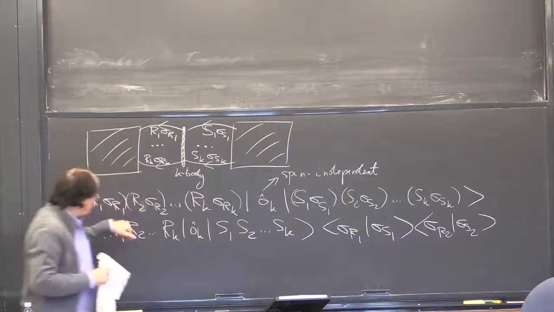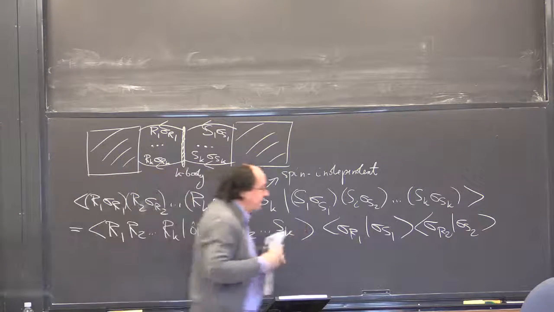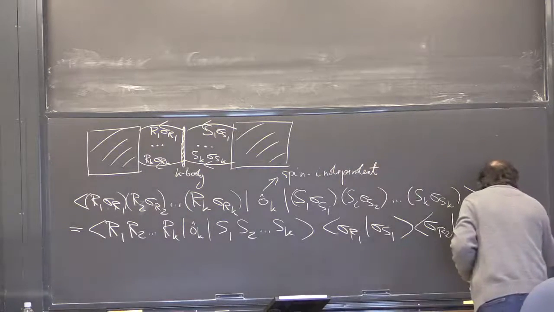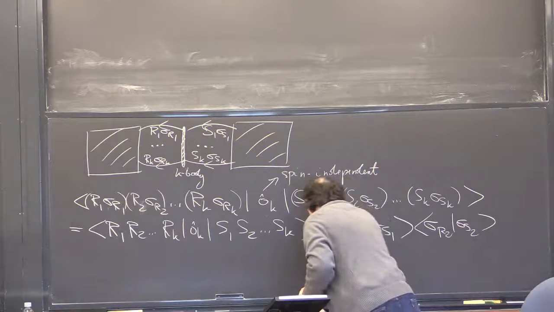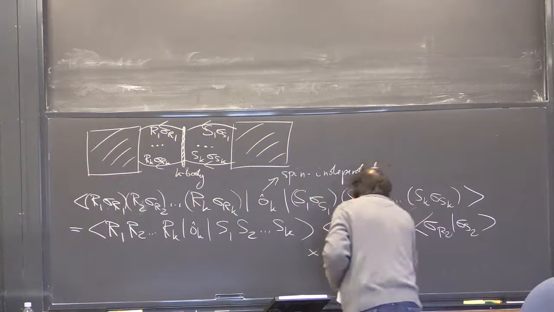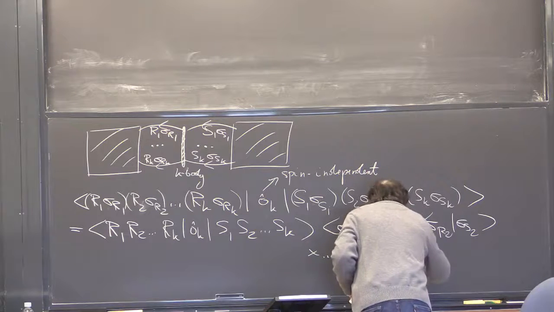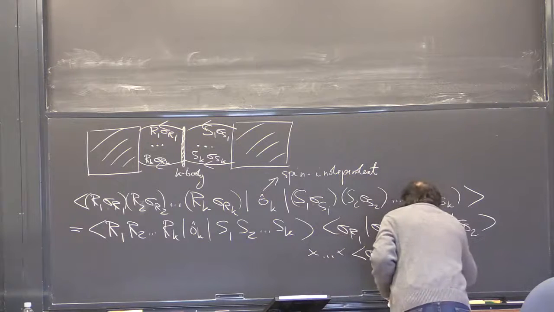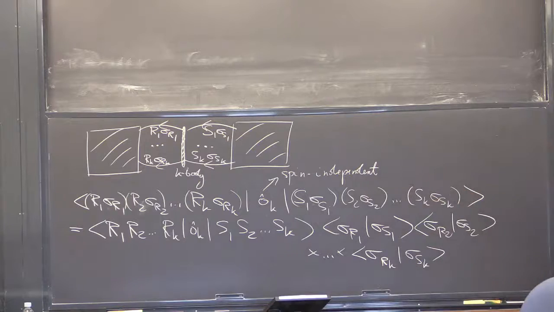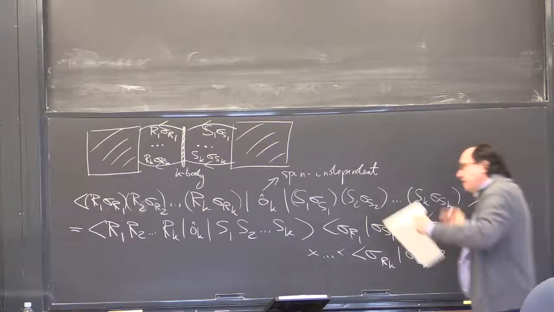Anyway, so we have the second delta, and then of course I put some dots, and the last one will be an inner product of sigma Rk and sigma Sk. So you can see that in a situation like this, we have this nice factorization.